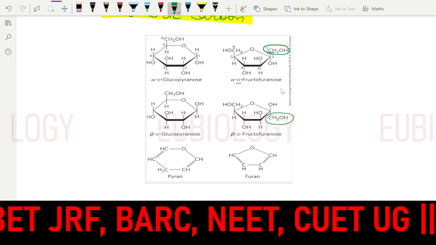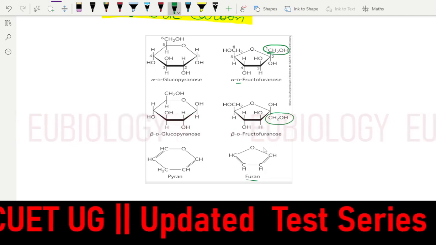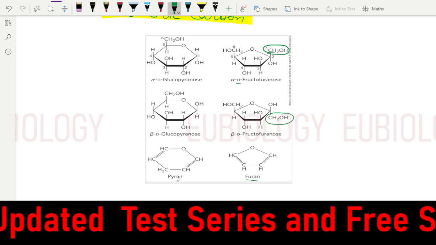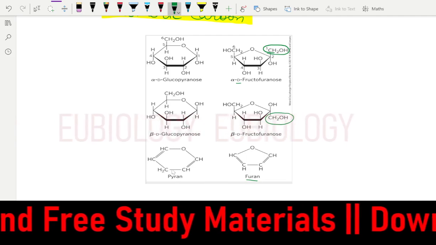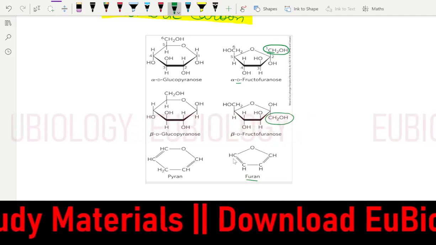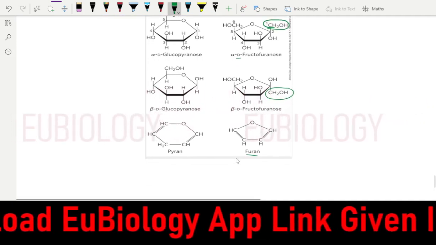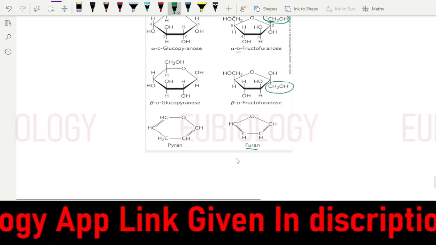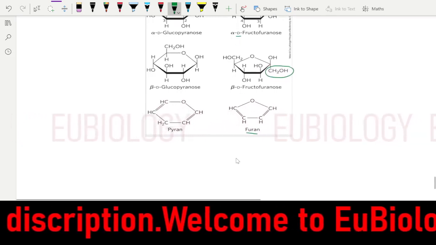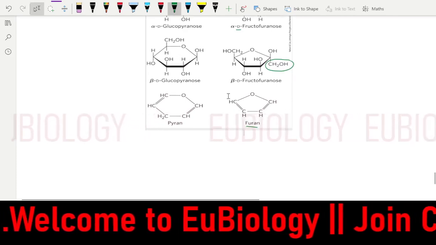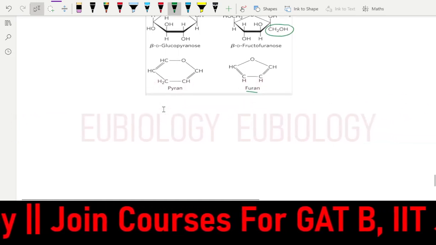So D fructofuranose is the 5 member ring compound, and pyranose is a 6 member ring compound. So hope you understood here. This is a 6 member ring compound, okay, and this is a 5 member ring. So this is the difference between pyranose and furanose.